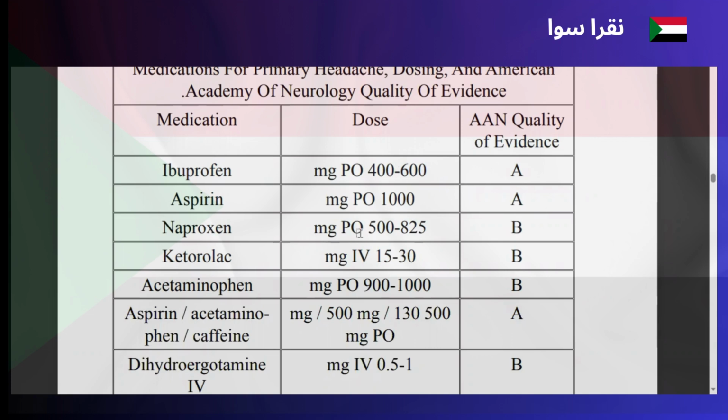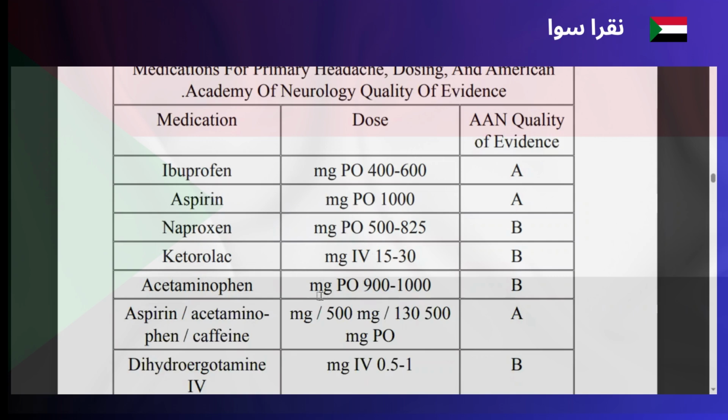Naproxen per oral 500 to 825 milligram. Ketorolac IV 15 to 30 milligram. Acetaminophen per oral from 900 to 1000 milligram.